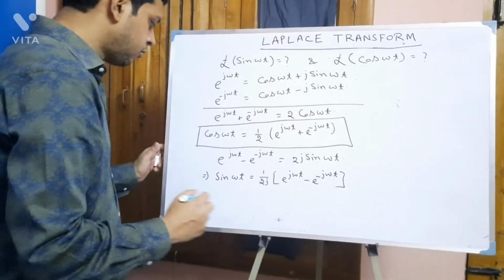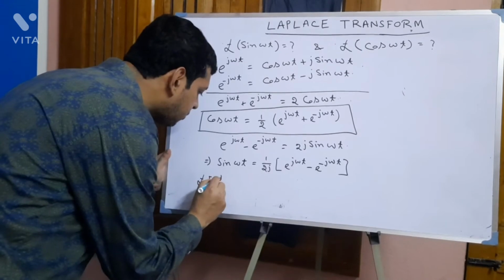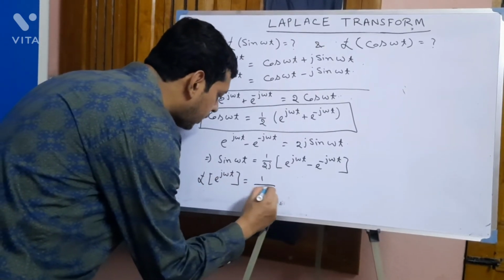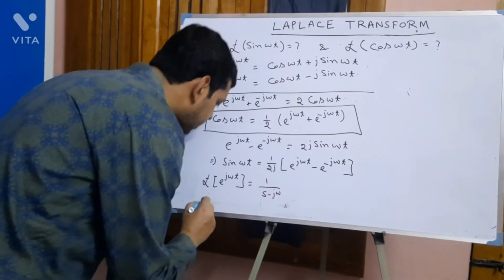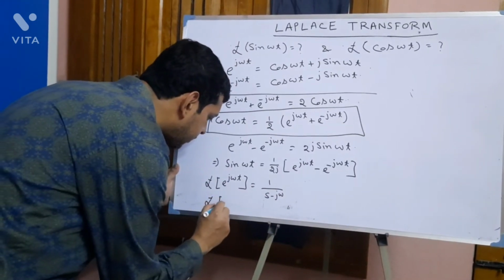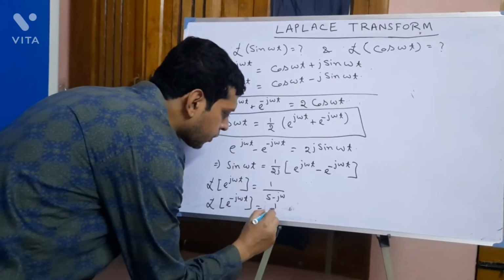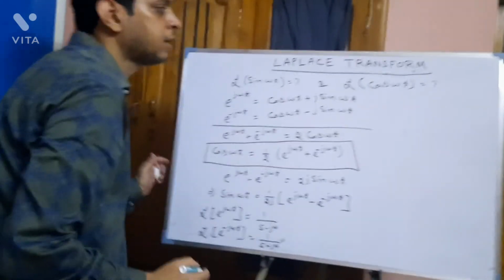And we know that the Laplace transform of e to the power j omega t equals 1 by s minus j omega, and the Laplace transform of e to the power minus j omega t is 1 by s plus j omega.